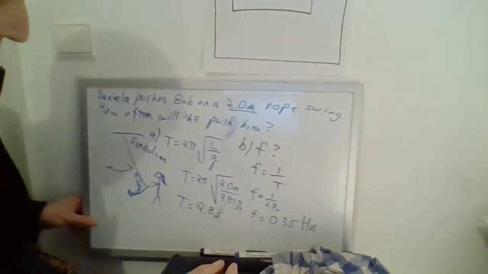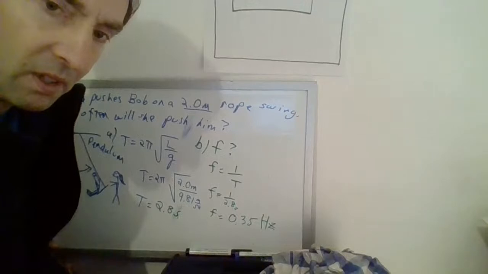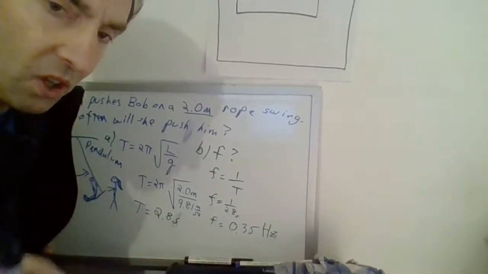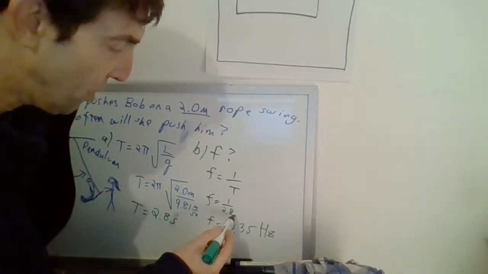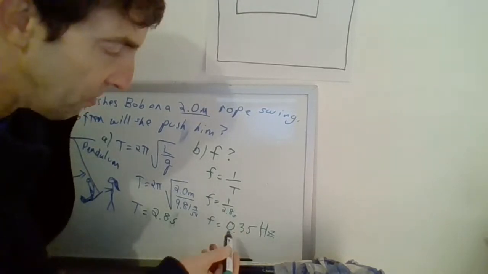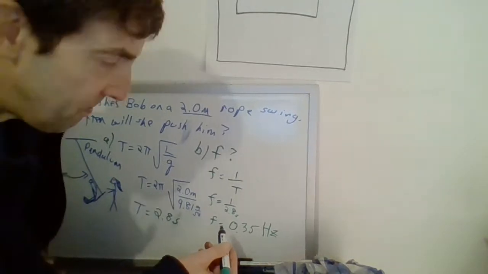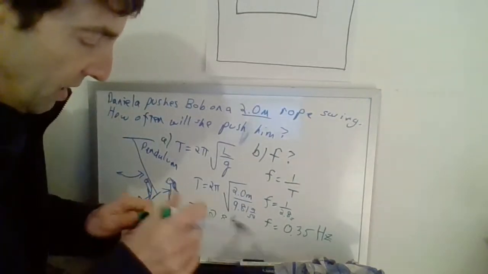Let me move that in the center so you can see a little better. So 1 over 2.8 seconds would be 0.35 hertz, big H, small z.